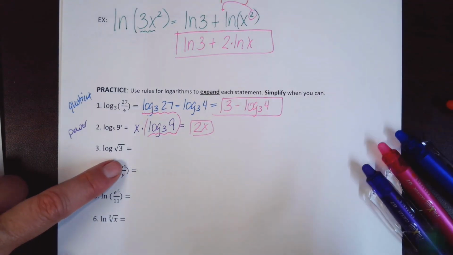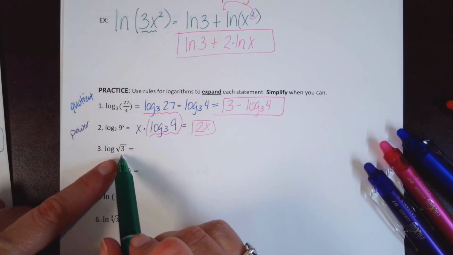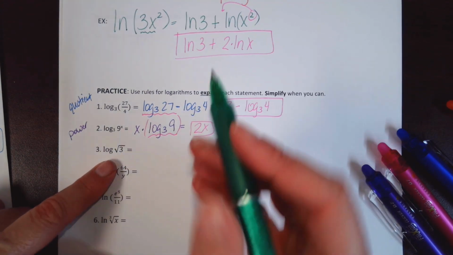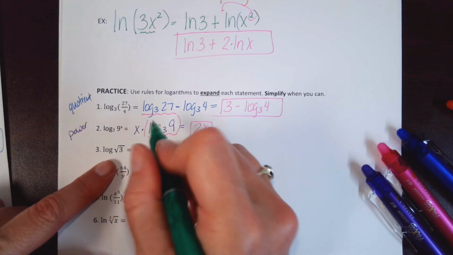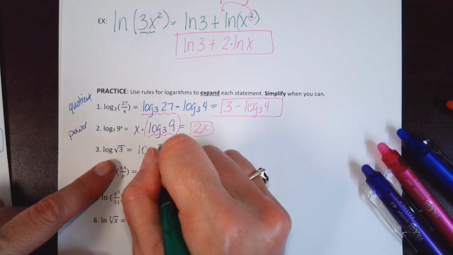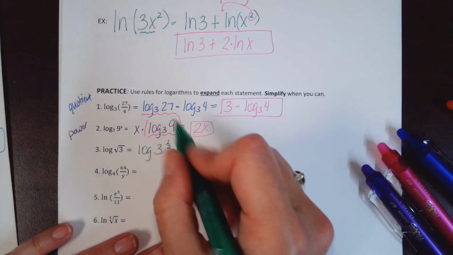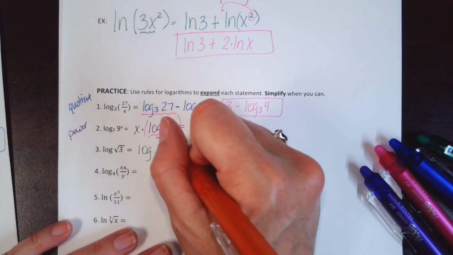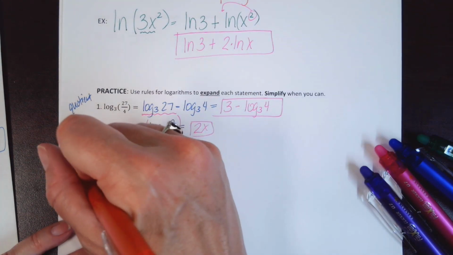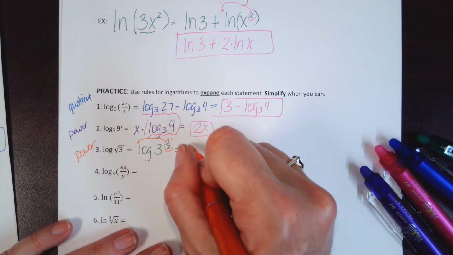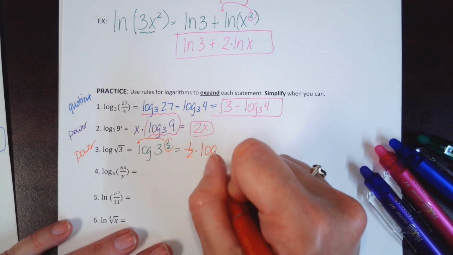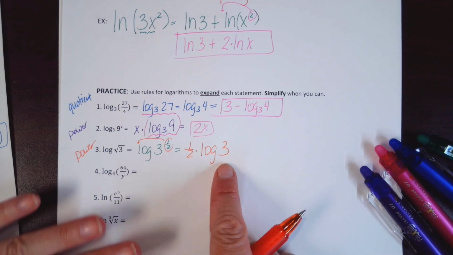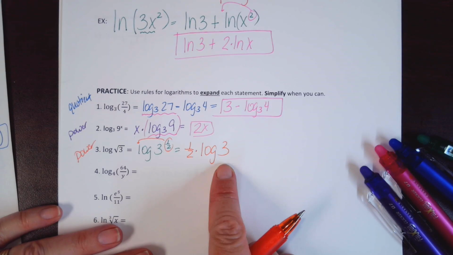All right, for this one, I've got to rewrite that radical as an exponent because I don't know what to do with this radical. Square root 3 is the same thing as 3 to the 1/2. Now that's an exponent, and I can apply my power rule. So 1/2 times log 3. Log with no base written tells me it's base 10, and I can use my calculator.